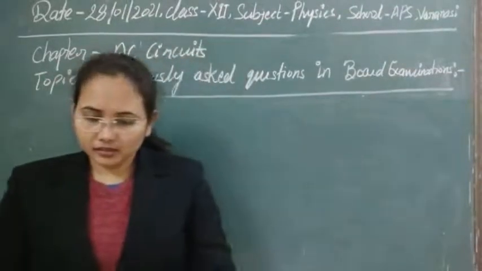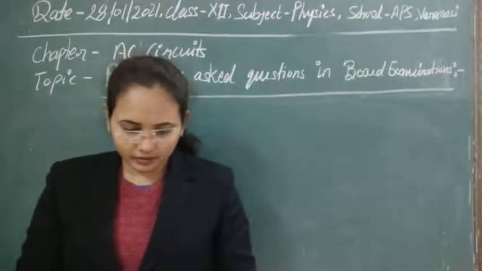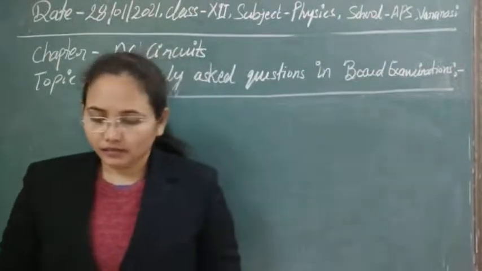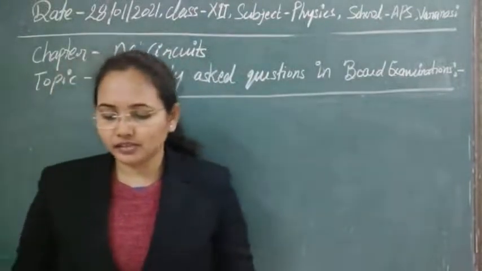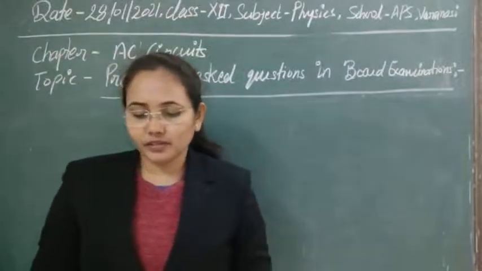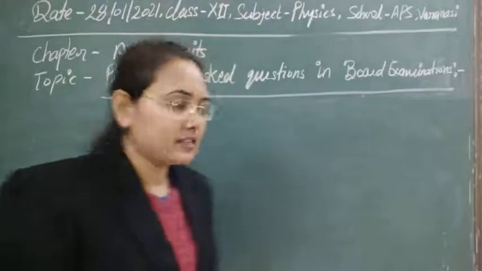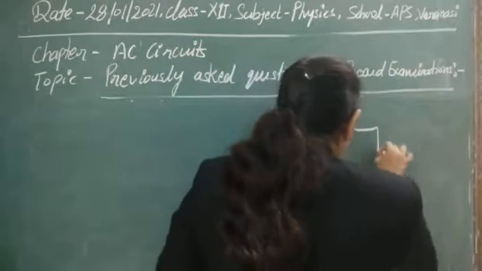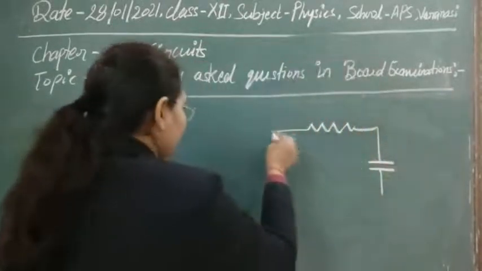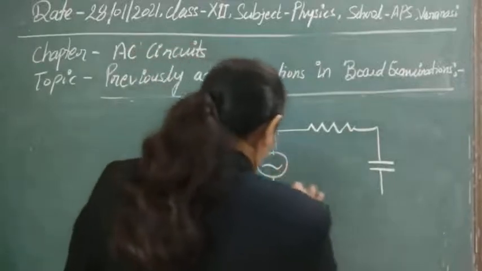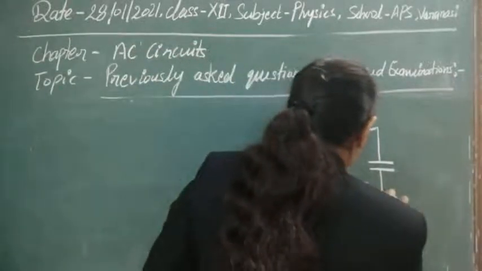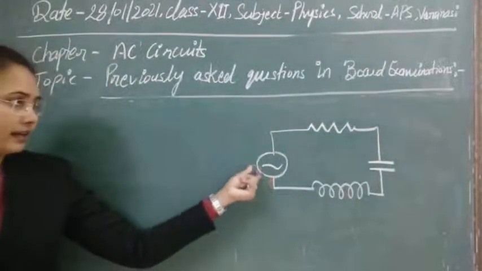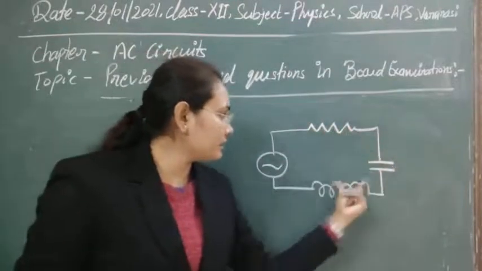So the next question, asked in the year 2012: the figure shows a series LCR circuit with inductance, capacitance and resistance connected to a variable frequency 240 volt source. Let's first see the circuit that is given to us. This is a series LCR circuit. Here we see a source connected with some resistance, capacitance and inductance.